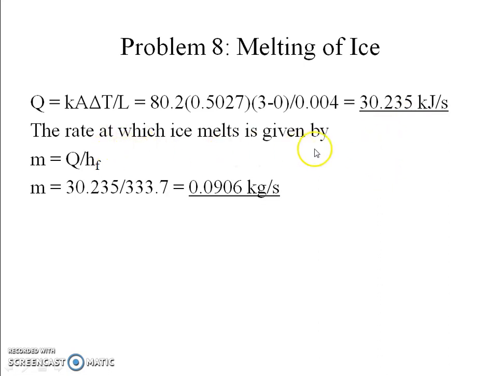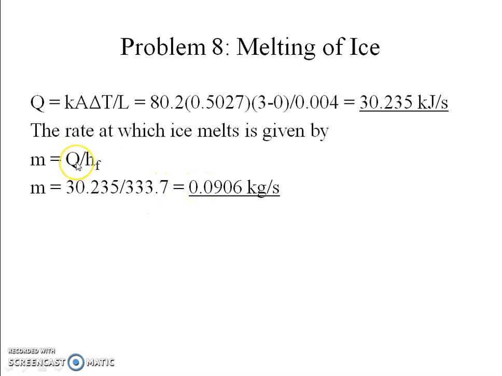Now the rate at which ice melts is given by this formula. From where does this formula come? Q is the heat which is leaking inside this container. So 30.235 kilojoules of heat is leaking, and we know that about 333.7 kilojoules of heat is required to convert 1 kg of ice to 1 kg of water.